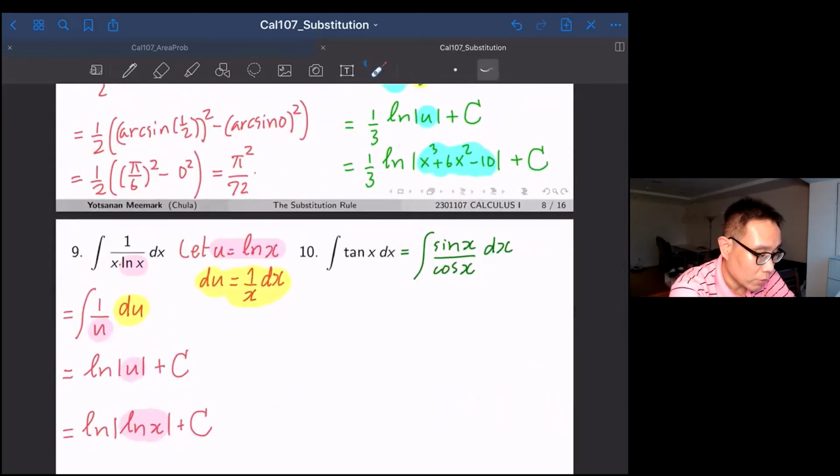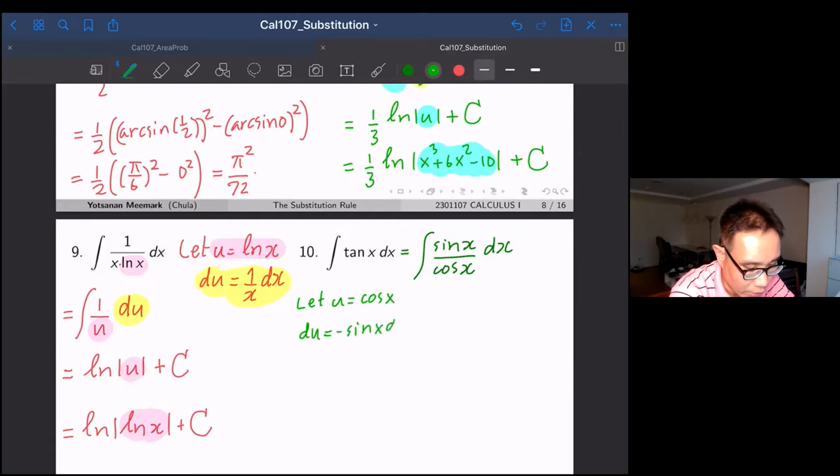We're gonna let u be the bottom guy, so I would let u be cos x. I compute du, it's going to be negative sine x dx. And this integral turns out to be negative du equal to the yellow guy, sine x dx.